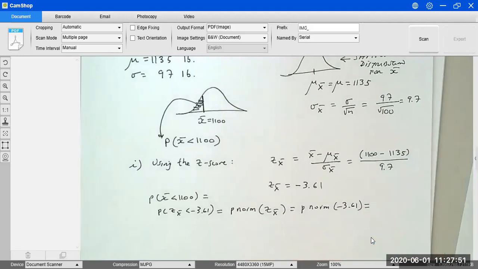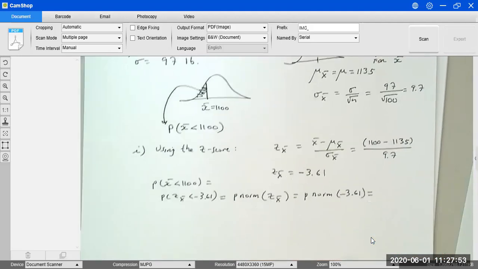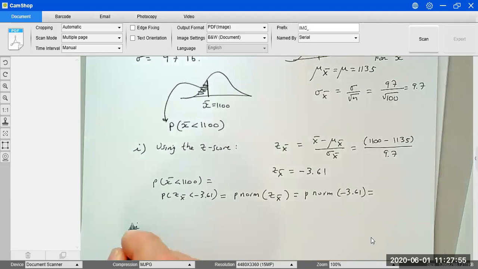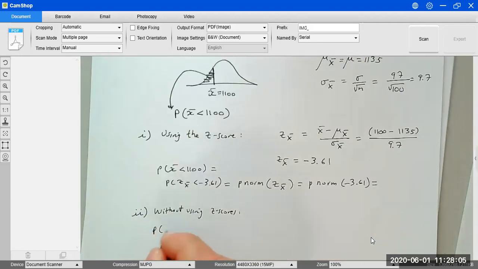So we're going to find this value using R, but first I'm going to write the other method without using z-scores. So we're going to go directly. The probability that the mean is less than 1100 is just pnorm.